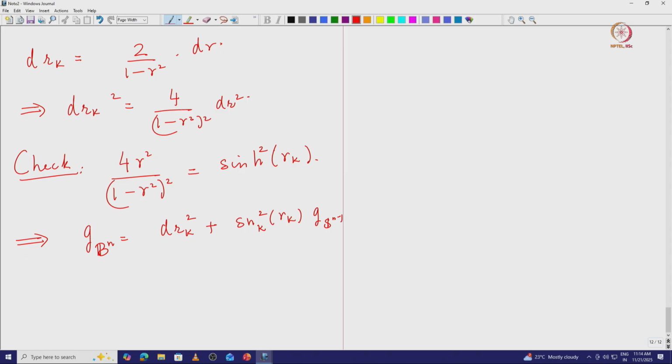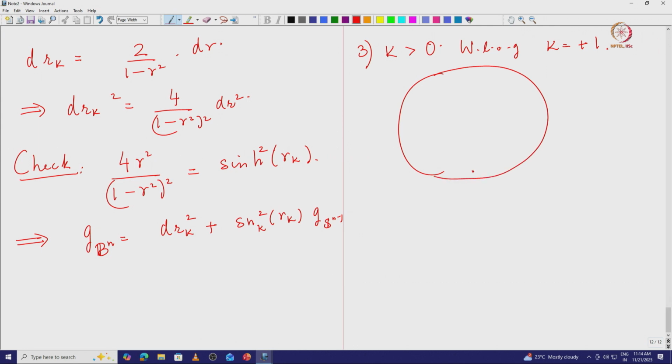Okay, one can do something similar, so maybe I'll just take 2 more minutes and complete the proof also for kappa positive. So again, without loss of generality, we assume that kappa is +1 this time. So then the idea is that we use stereographic projection from the south pole, okay.